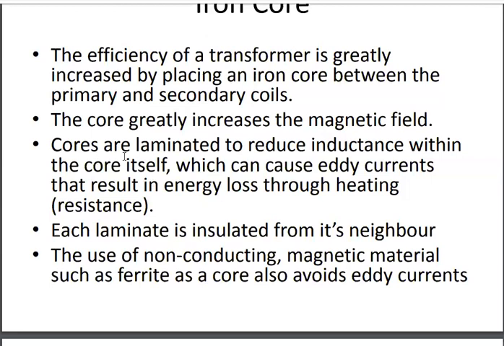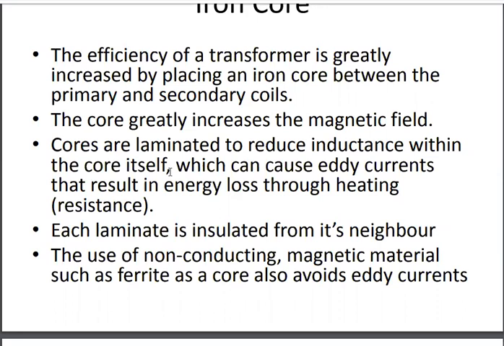Cores are laminated to reduce the eddy currents within the core itself. The core of iron is not a solid, but it is laminated plates. There are several plates laminated with each other in order to break the electrical contact between the iron plates, which can cause eddy currents that result in energy loss through heating.